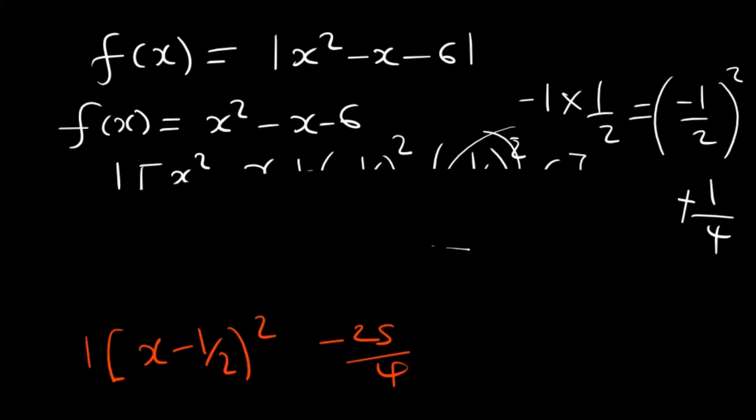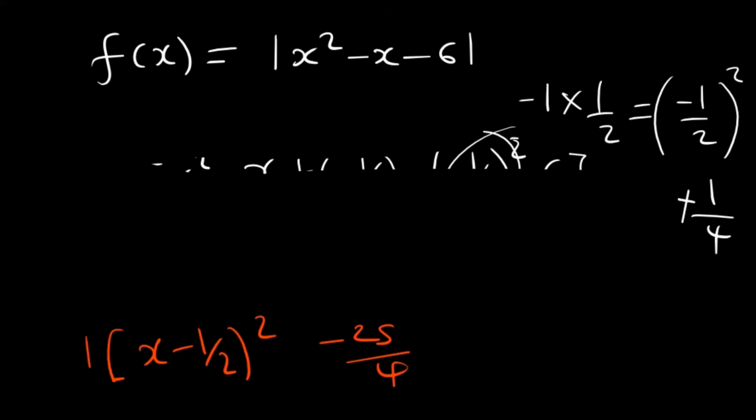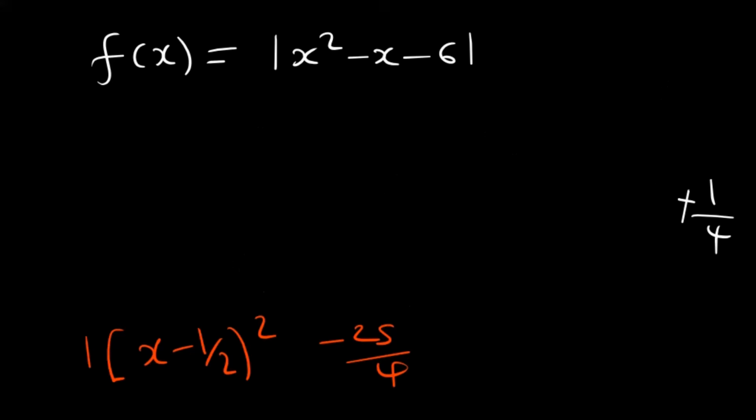So from here, what is the turning point? What is the intercept? So that we graph. So the turning point for this one, we are saying the turning point, to find it, is negative p over q, right? Okay.